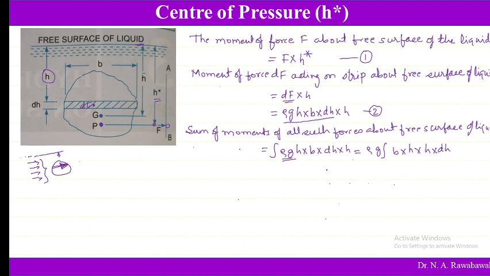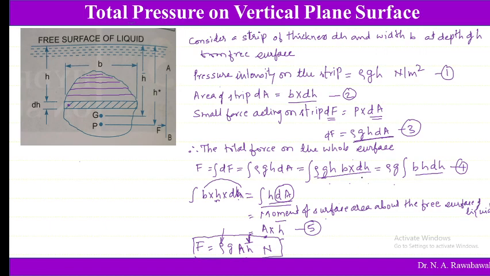Therefore we can write this equation as rho g times the integral of B H into H, which is H square, dH. B into dH is the area that we have seen in the previous slide.